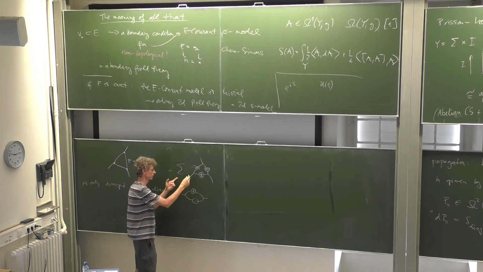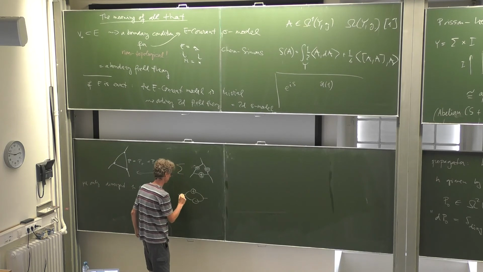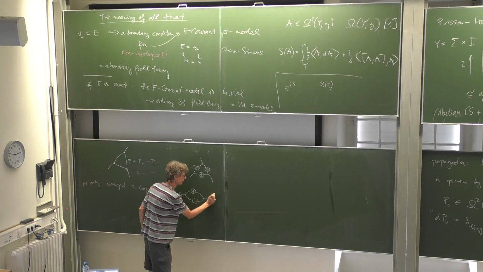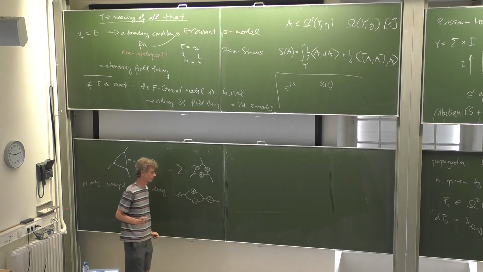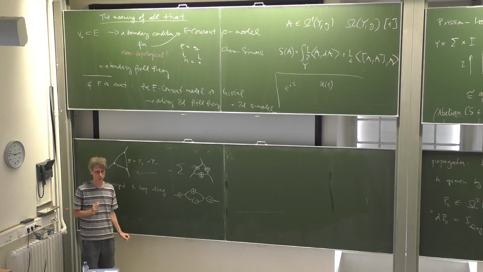And the external things, okay, I'll put there also those external things, plus and minus. So this is the only diagram that diverges. Now, it requires a little bit of looking into those integrals.